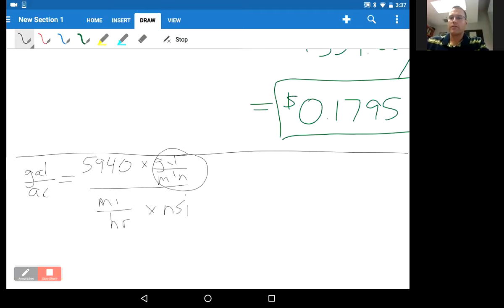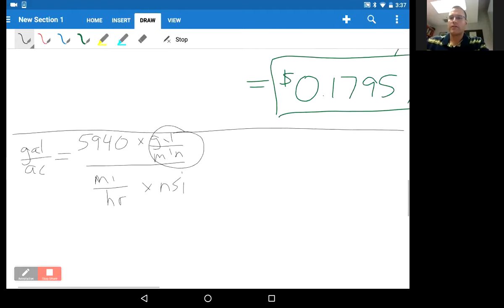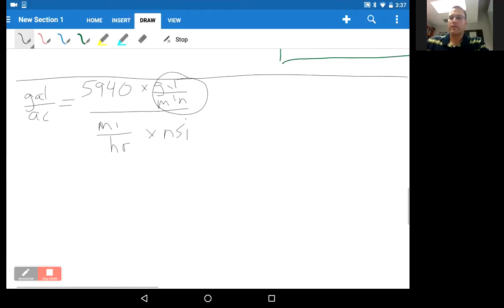We're solving for this one here. How do we solve for that? Well, we can multiply both sides by the denominator over here and then divide that whole product by 5940. So let's go ahead and plug in what we know.